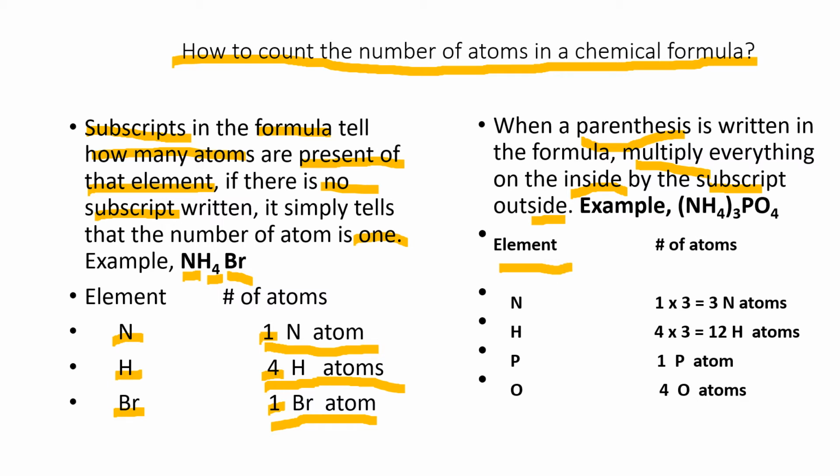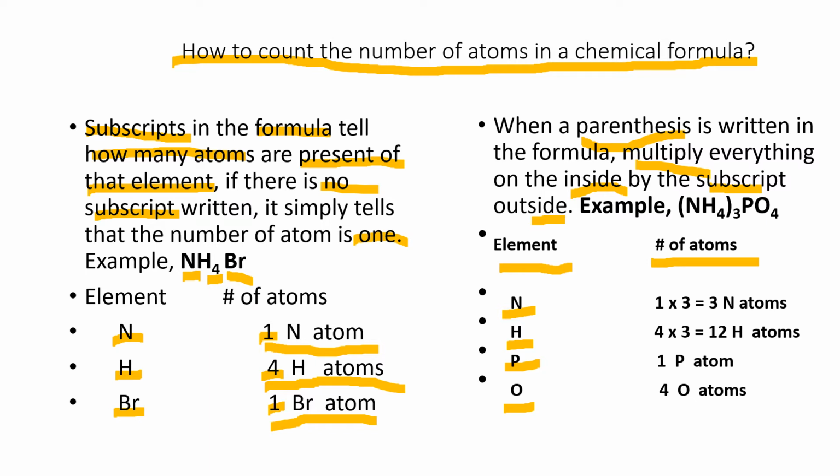We have nitrogen, we have hydrogen, we have phosphorus, and we have oxygen. So, to determine the number of atoms, we learned that the subscript inside is multiplied by the subscript outside the parentheses.